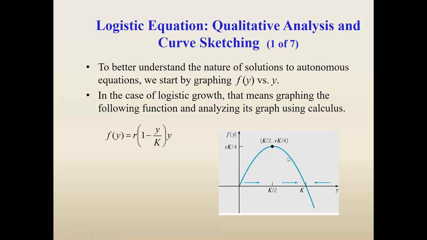So remember, f of y is itself a change in y. It's saying, hey, if f of y is positive, that means y is increasing. So draw an arrow in the increasing y direction. And if f of y is negative, that means y is decreasing. So notice all the arrows are pointing towards k and away from 0. So hence unstable and stable.